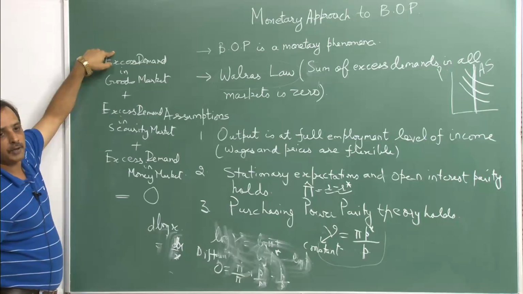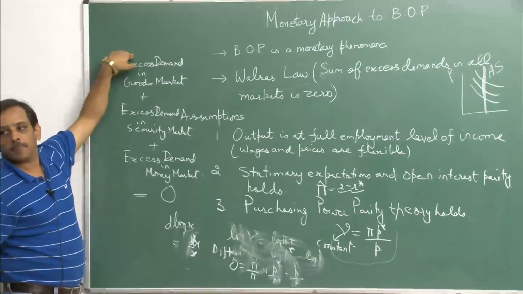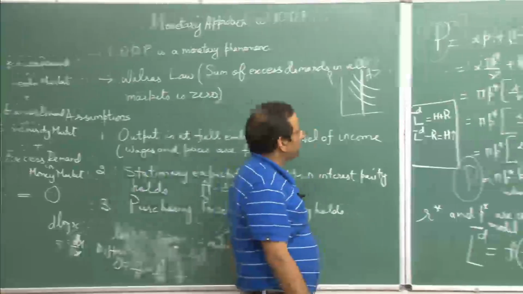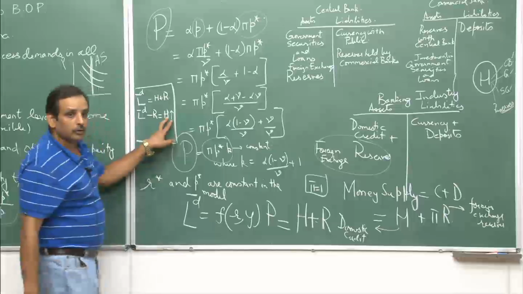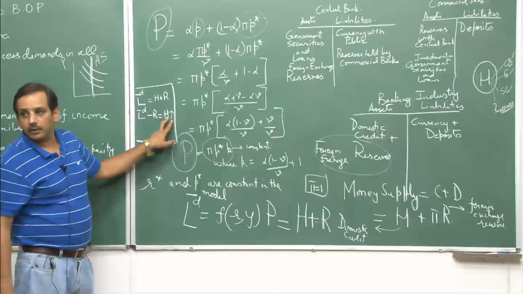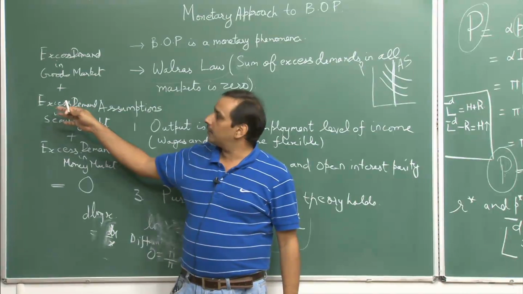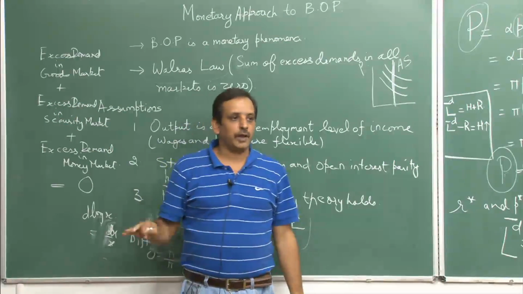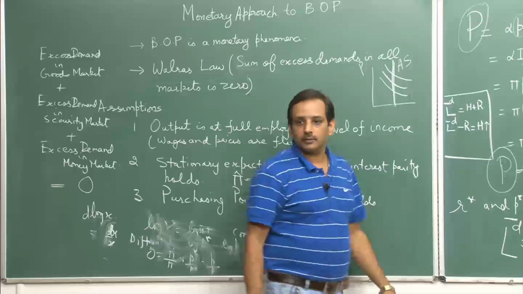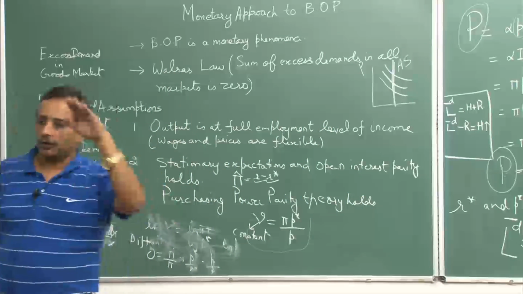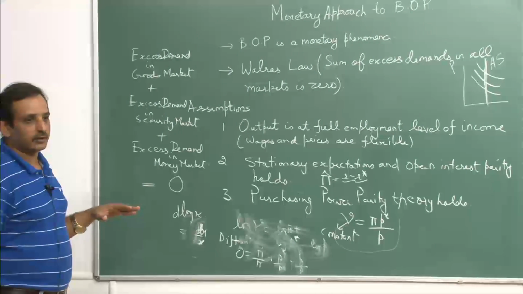When you have a balance of payment deficit, and if it is a fixed exchange rate, you would start losing reserves. So, you had excess supply of money, which led to a balance of payment deficit, but then this balance of payment deficit was wiped out because you would see a fall in the reserves, because it is a fixed exchange rate regime.